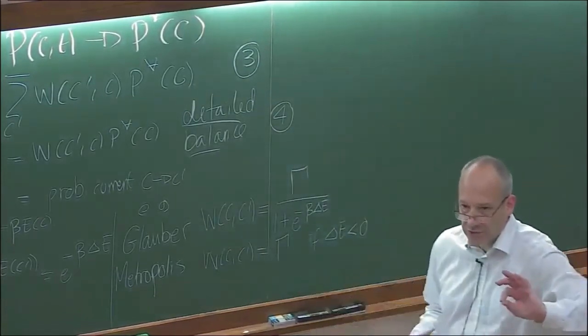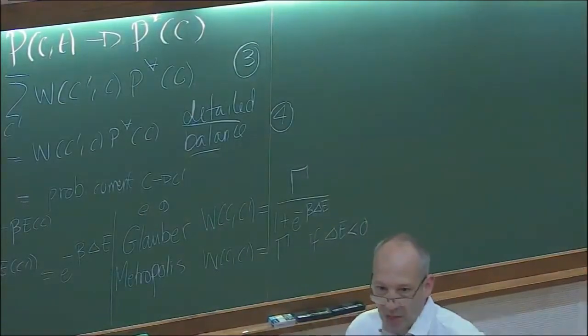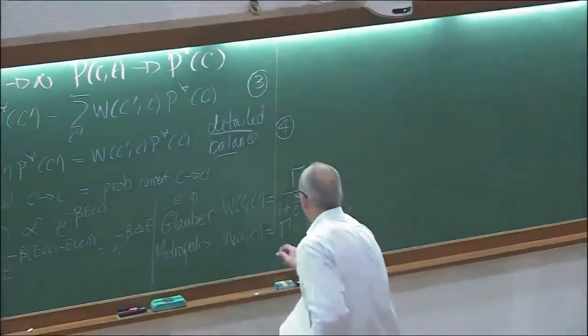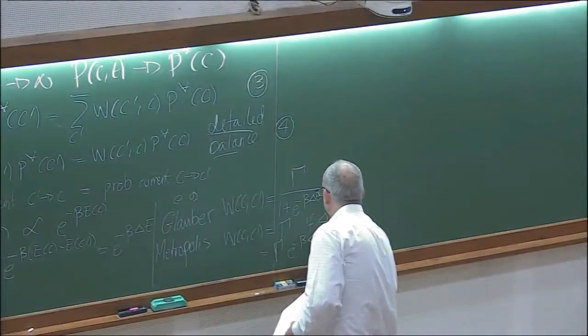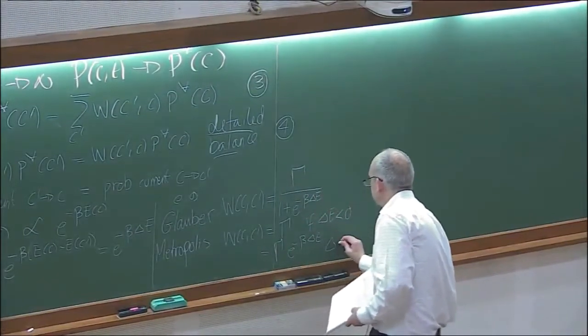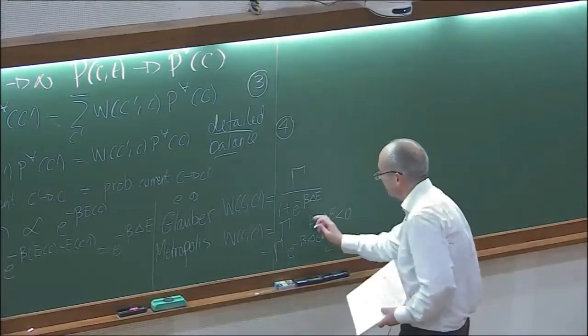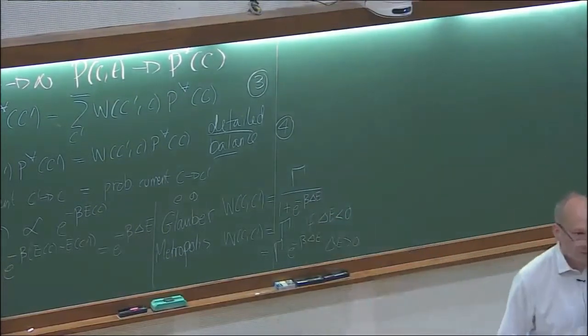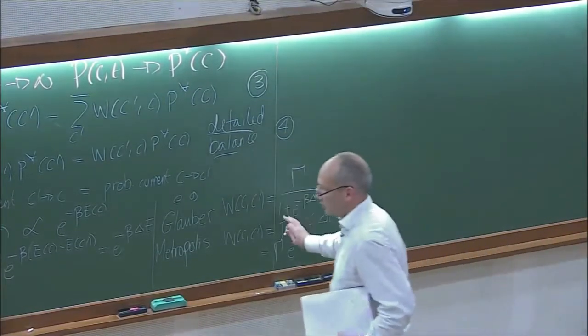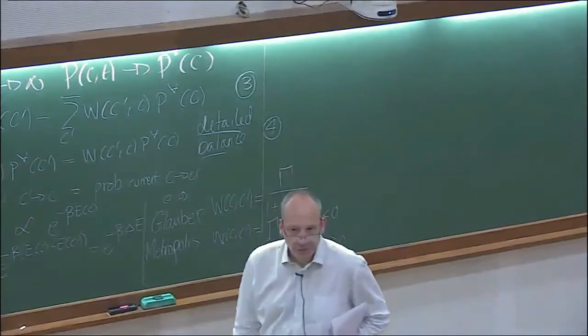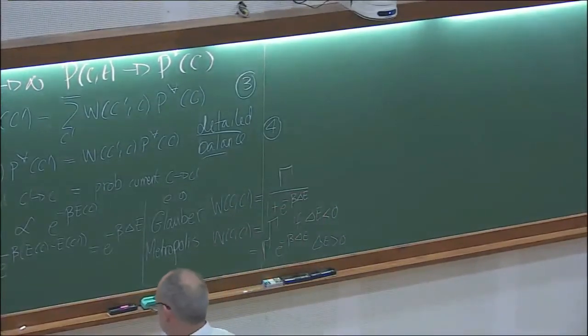And if the change were to increase energy, then we give it a lower rate: gamma e to the minus beta delta E, if delta E is greater than 0. So in that way, we ensure that the transition rates are large when we're decreasing the energy, so it hopefully gets us to equilibrium more quickly. But these are just simple examples to try and connect with some of you who've been doing Monte Carlo simulations.